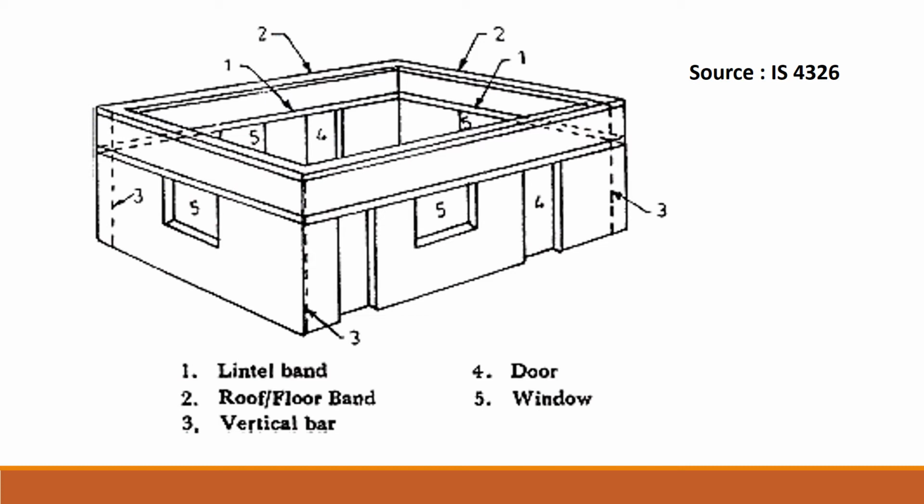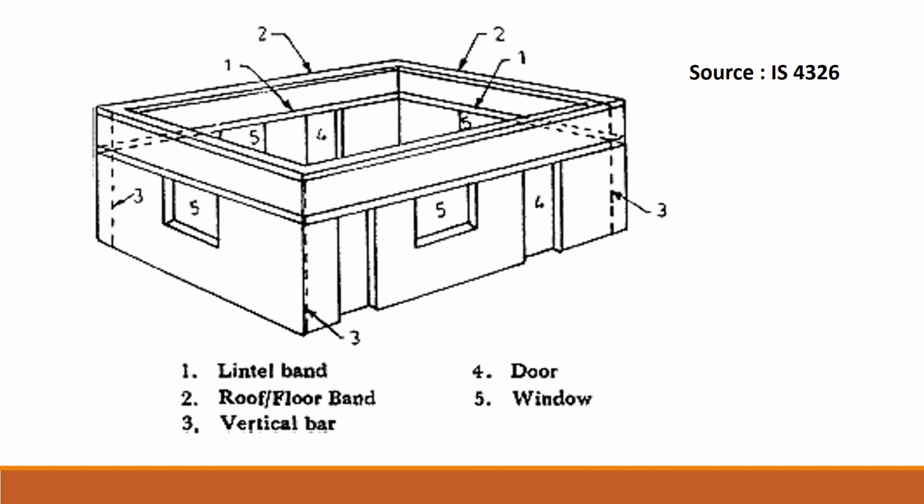The bands are provided at lintel levels as well. Now this level is above the openings, wherein there is a concrete band that's provided above the openings, be it doors or windows.